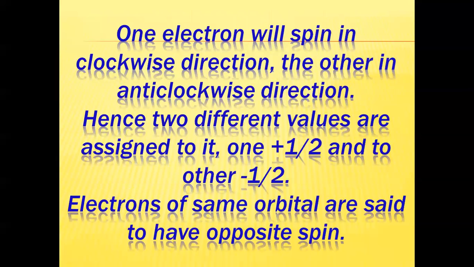That means one electron will spin in one direction, called clockwise direction. Then the other electron spins in the opposite direction, or in anti-clockwise direction. Hence, two different values are assigned, and these are plus half and minus half.